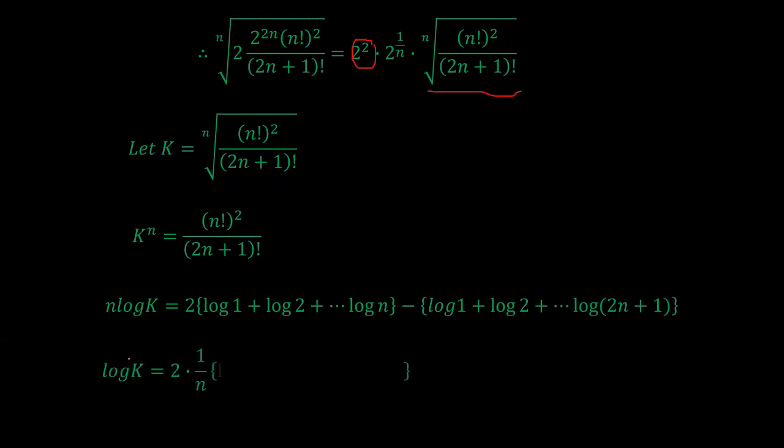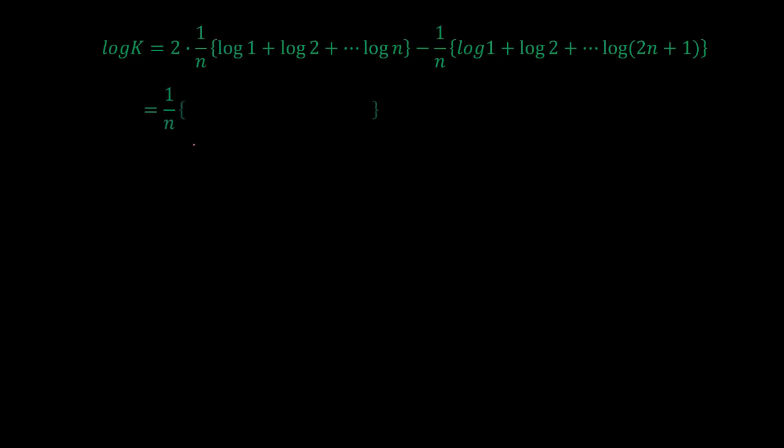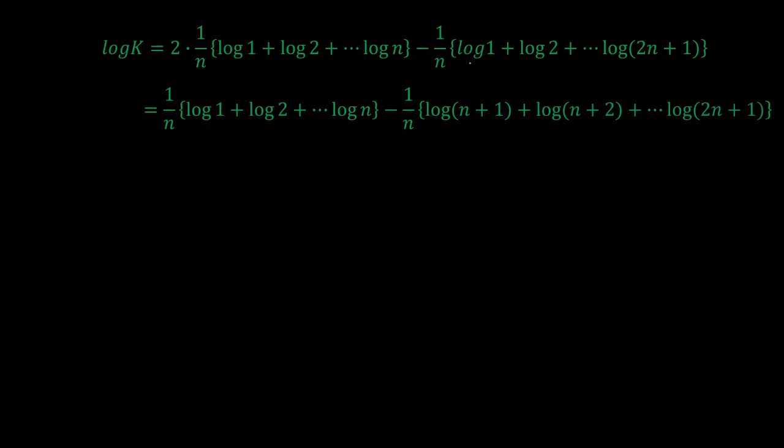Okay, so dividing both sides by n, we have log k equals 2 times 1 over n, log 1 plus log 2 plus up to log n, minus 1 over n, log 1 summed all the way to log 2n plus 1. Okay, so eventually, 1 over n log 1 up to n, since the extra one cancels the values here of 1 to n.